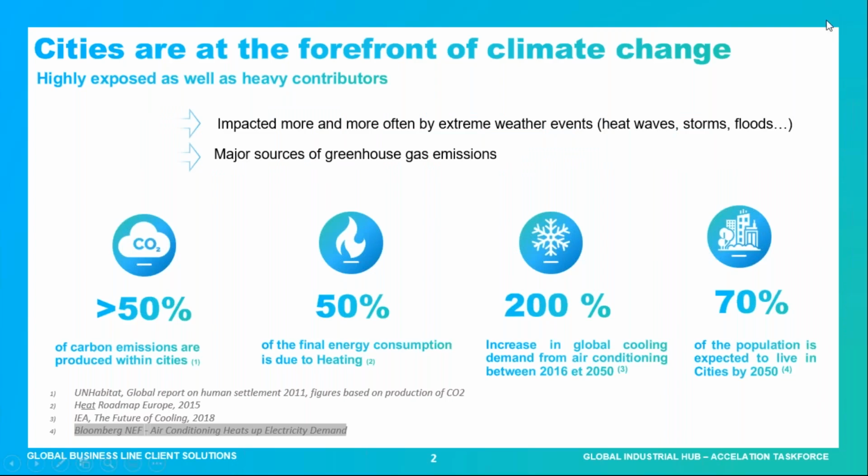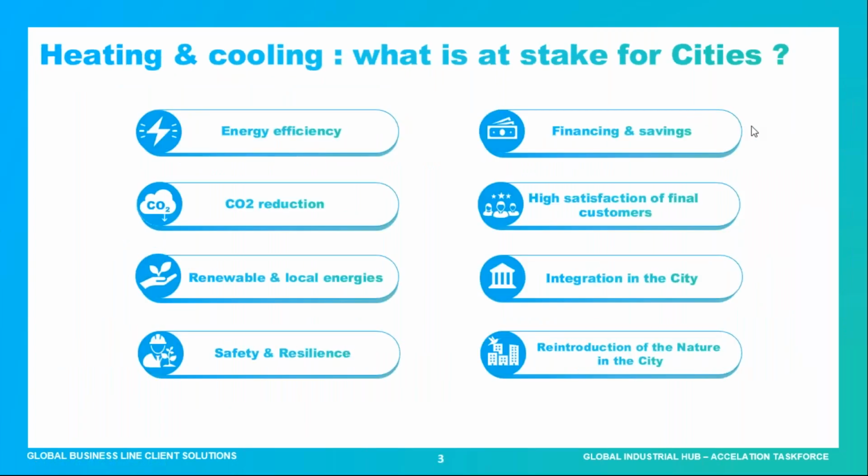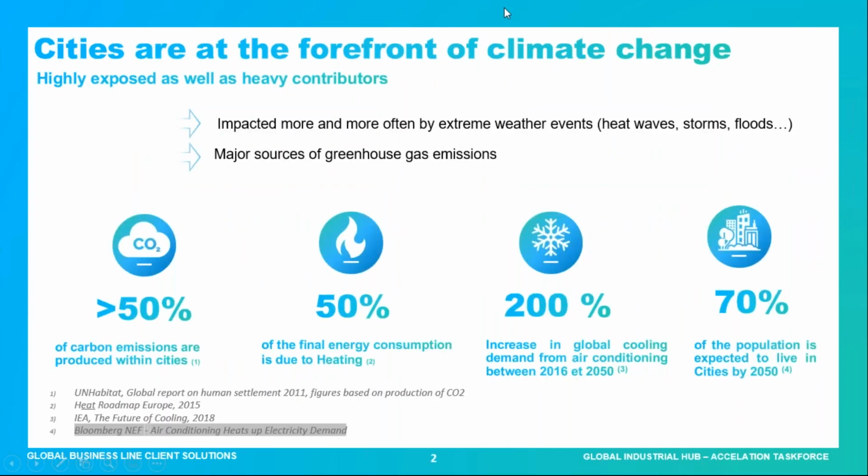Let me give you some very high-level figures around cities and what is the current trend in terms of cooling. As you said, most of the CO2 emissions are related to cities, where in the future most of the people are going to live, since 70% of the population is expected to be living in cities in the future.